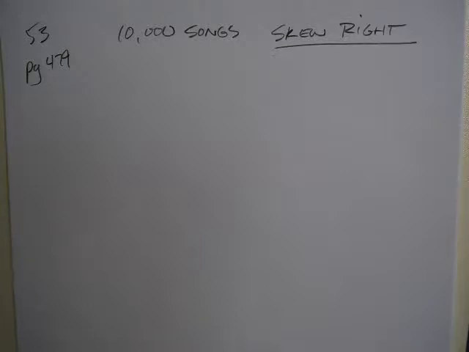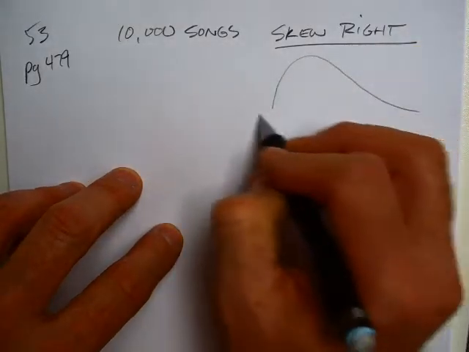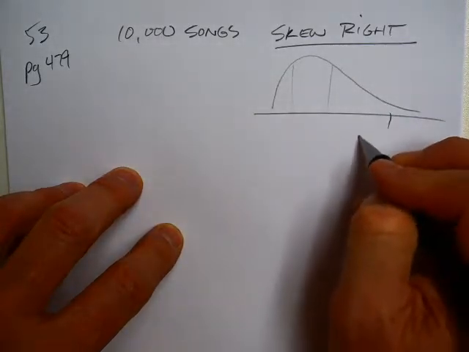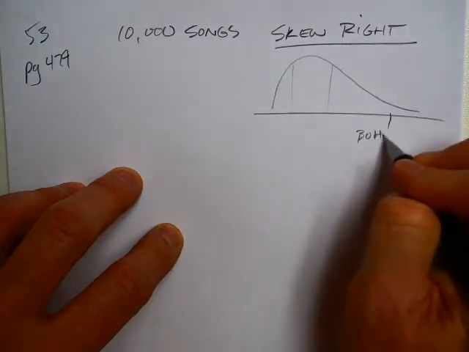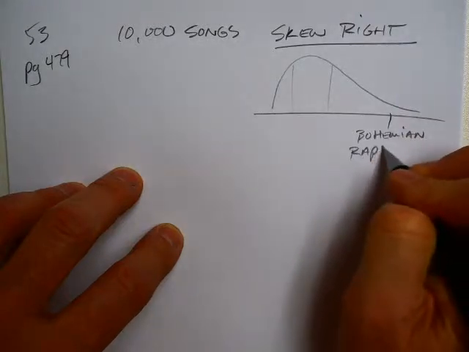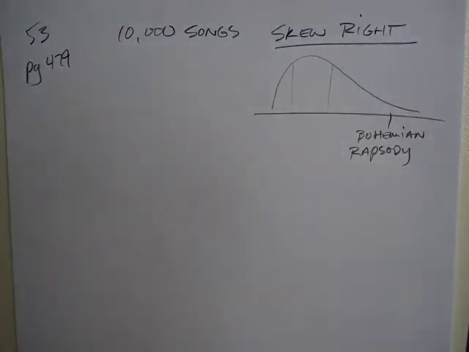That's a pretty long one. So there are going to be some long songs that draw this out. This skew right makes sense to me because most of your songs are going to be right in here, but then your Bohemian Rhapsody is going to be out there quite a ways.